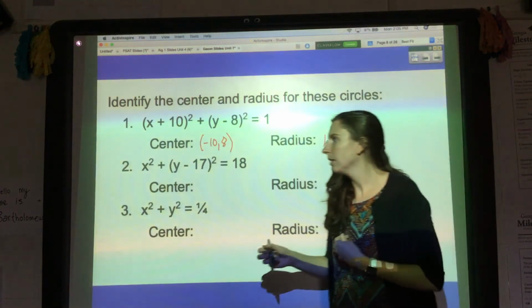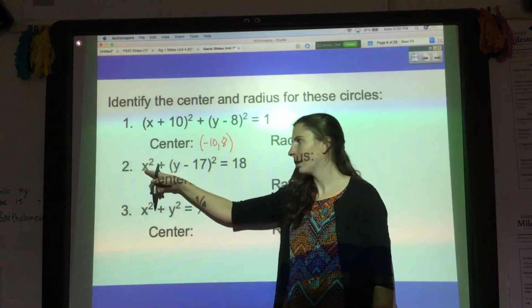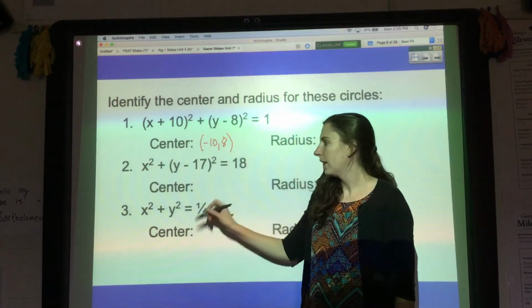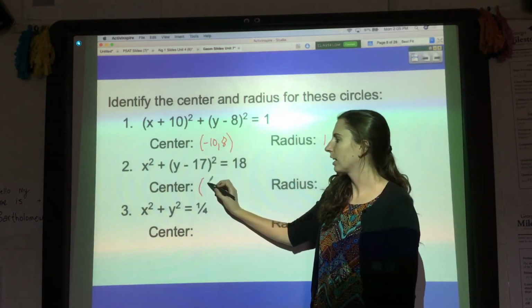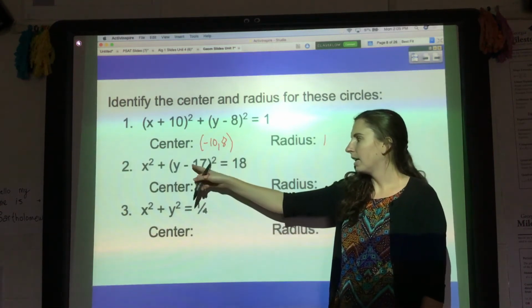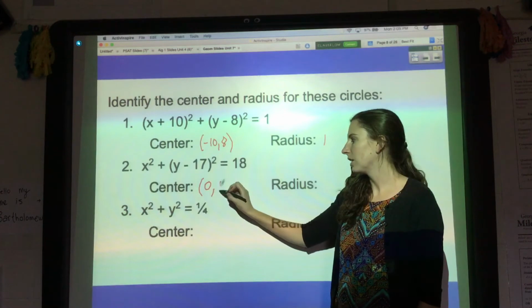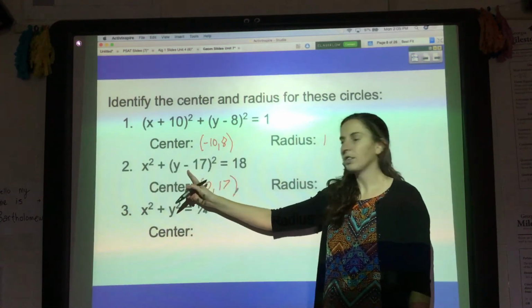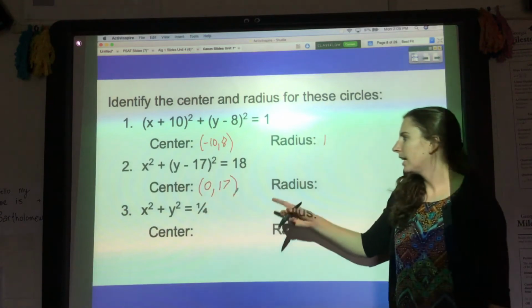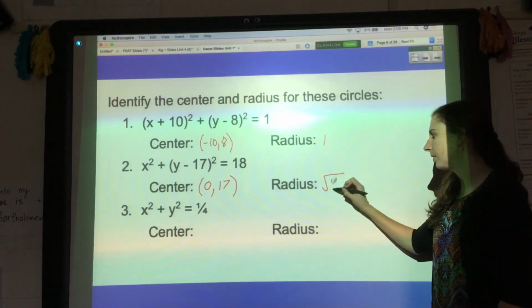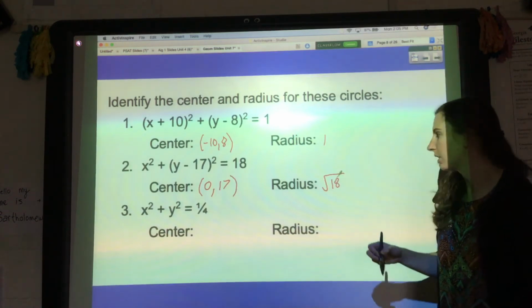On this one, there is nothing in there with the x. There kind of is no h. And so the x-coordinate of the vertex is just a 0. And then negative 17 turns into positive 17, so that's the center: 0, 17. And then the radius is the square root of 18, which I'm just going to leave as the square root of 18.